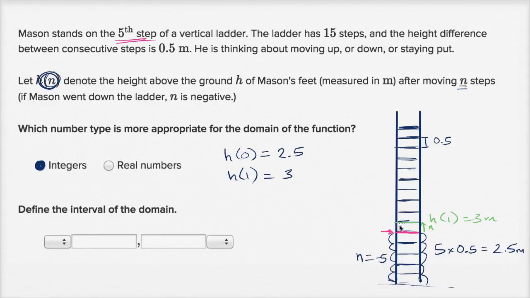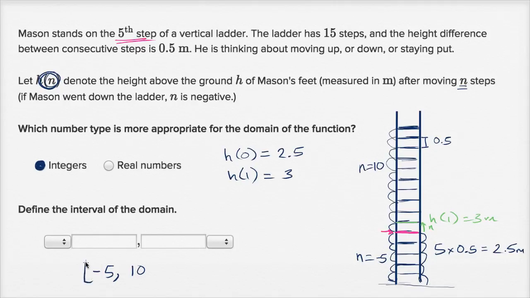The highest value for n is if he takes 1, 2, 3, 4, 5, 6, 7, 8, 9, 10 steps up, and so that would be n equal to 10. So the interval of the domain, and I copy and pasted this onto my scratch pad, is that n can be as low as -5 and as high as 10, and it can include them as well.